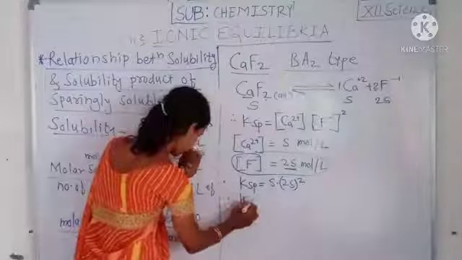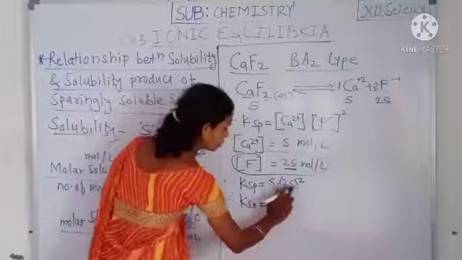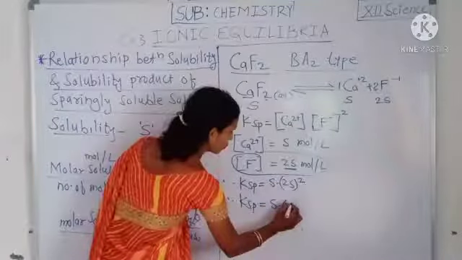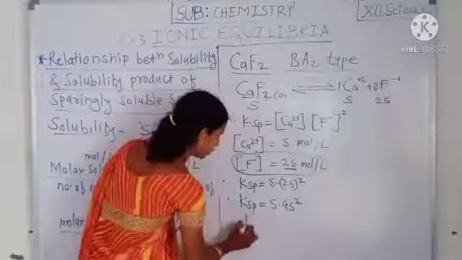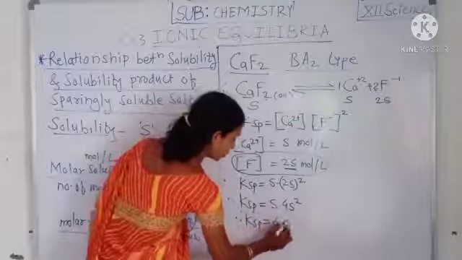Therefore, Ksp is equal to S into (2S) squared, that is 4S square. Therefore, Ksp is equal to 4S cube.